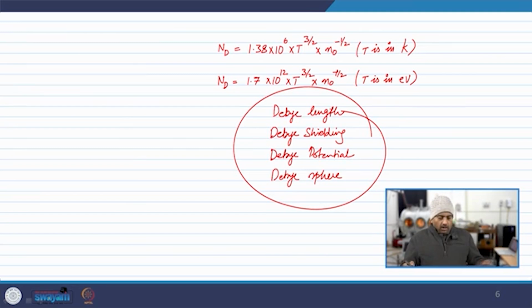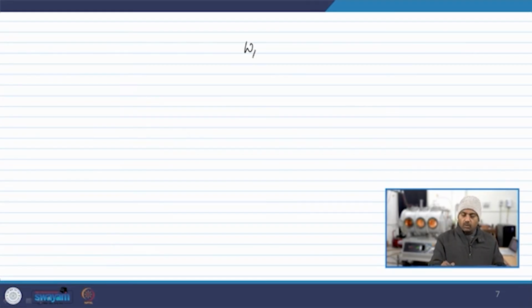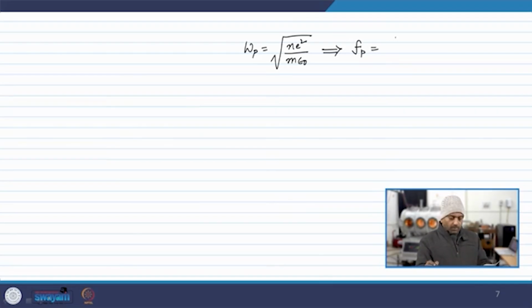Now, we can write an expression for the Debye length using what we know about plasma frequency as well. So, we know that the plasma frequency omega_p is square root of n e^2 by m epsilon_0, which is the angular frequency. So, frequency in hertz f_p is 1 by 2 pi square root of n e^2 by m epsilon_0.